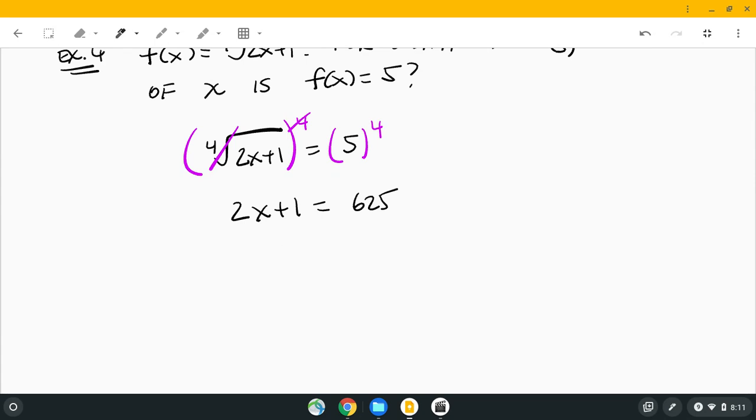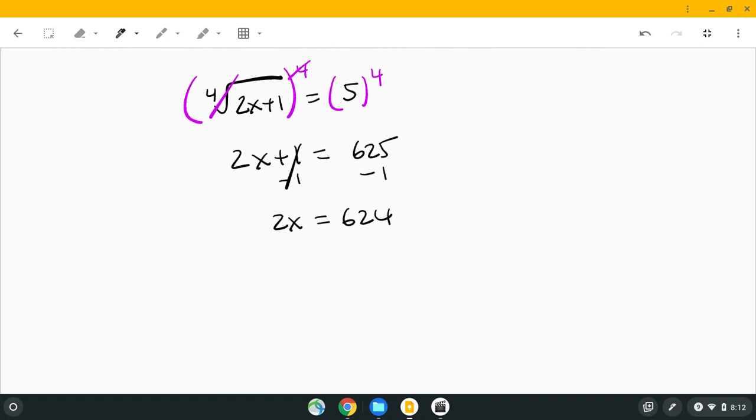Solving, subtract 1 on both sides. 2x is equal to 624. Divide both sides by 2, and x is equal to 312.